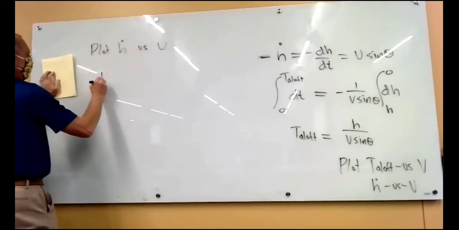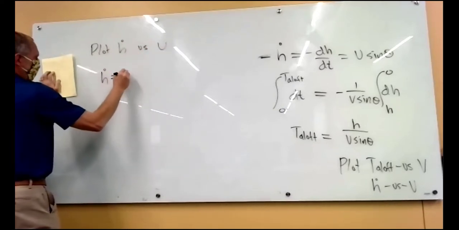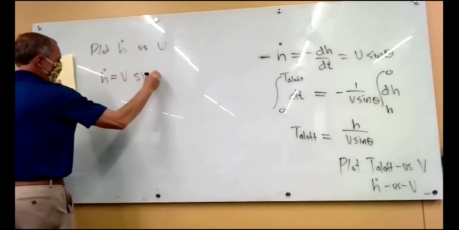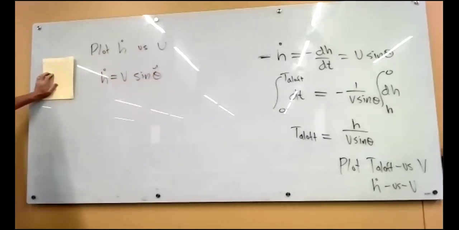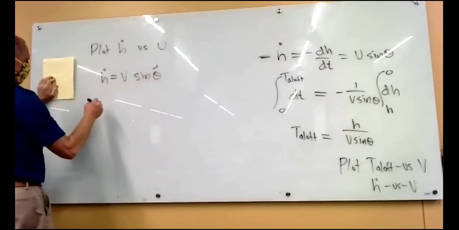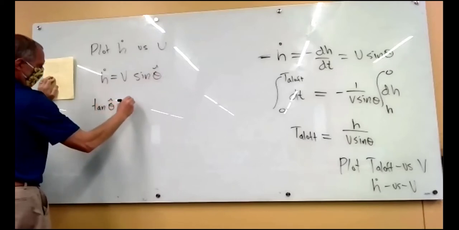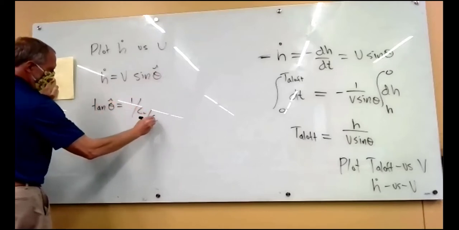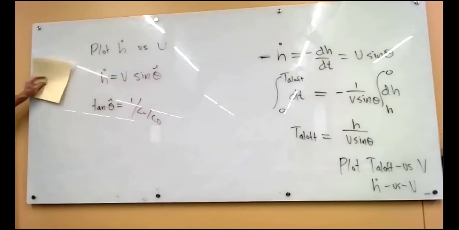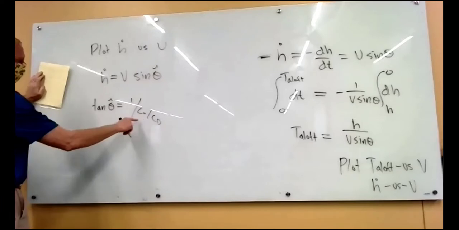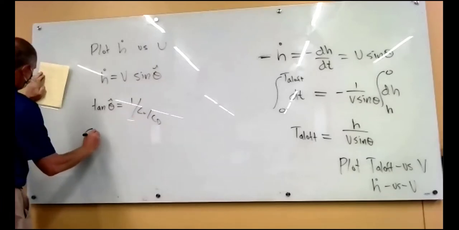So what is h dot? It's that formula there. And how do we get the angle? We showed that. The angle comes from CL and CD, and we know formulas for CL and CD.